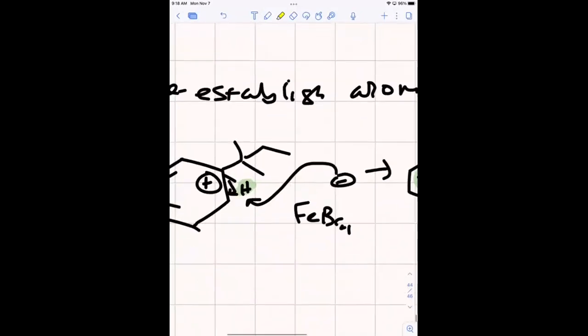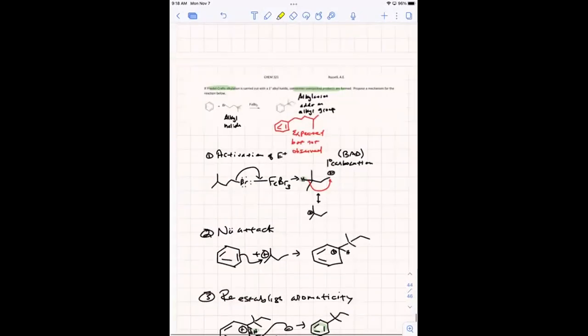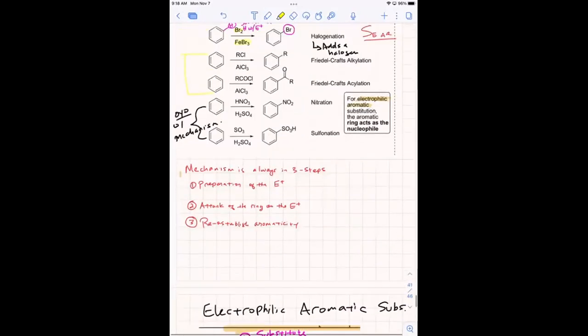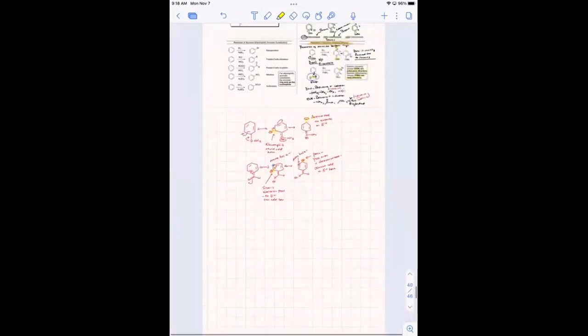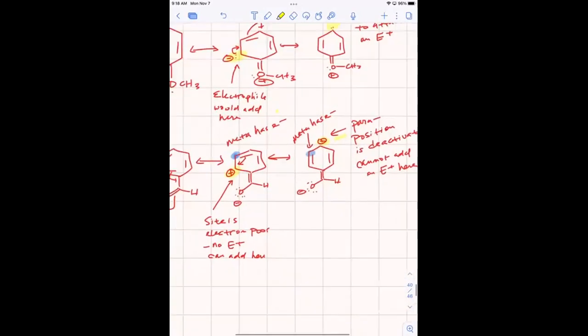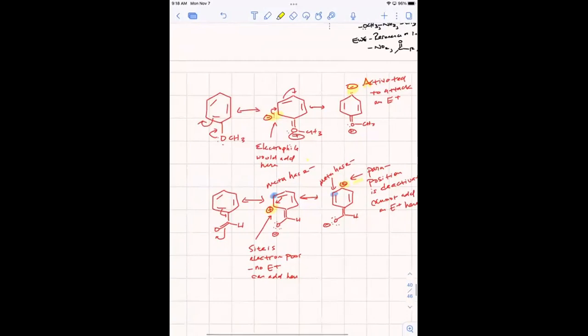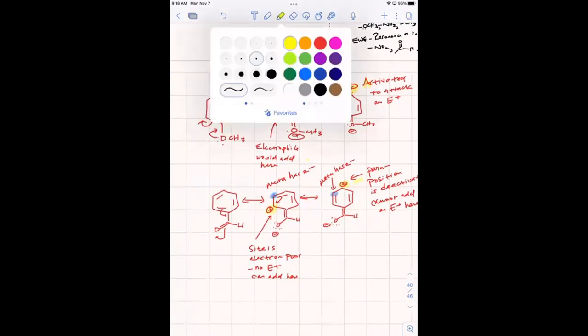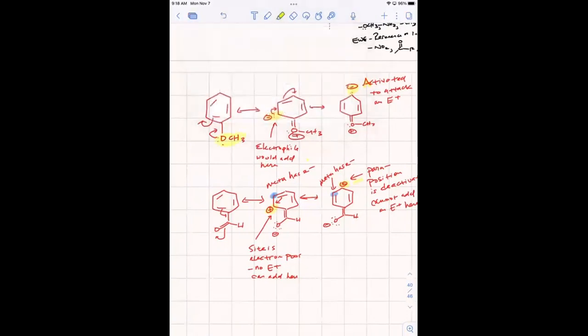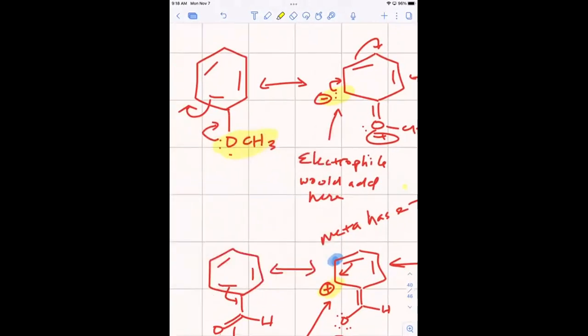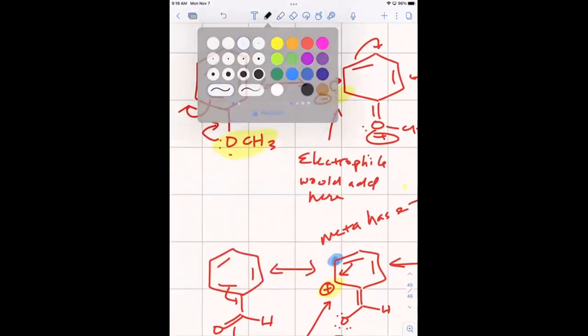Let me show you why. I think I showed it on Wednesday. Here. So this is an example of having a donor on the ring right here. And if that's the case, that donor can push electrons into the ring through resonance. So you can see right here, the first resonance form actually has the 2 position activated.